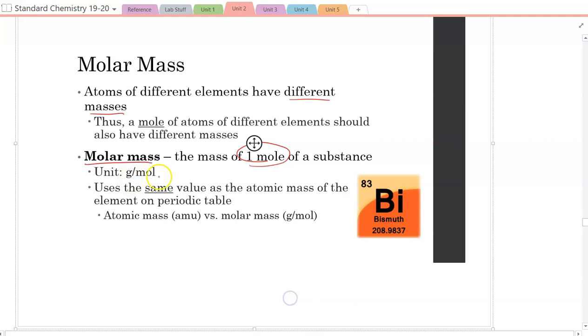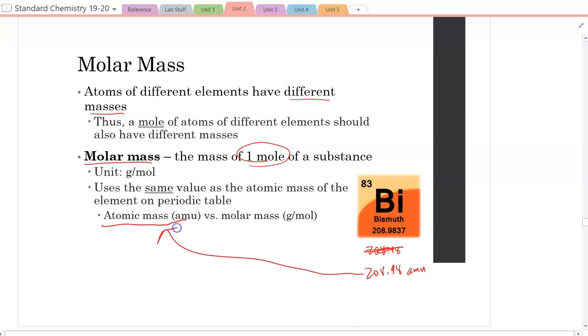The unit is grams per mole, and it uses the same value as the atomic mass of the element on the periodic table. Bismuth is the example I'm going to look at. Atomic mass, in AMU, is what we've already learned. That value right here, 208.98, and actually that kind of rounds up, so let's use 208.98 AMU.